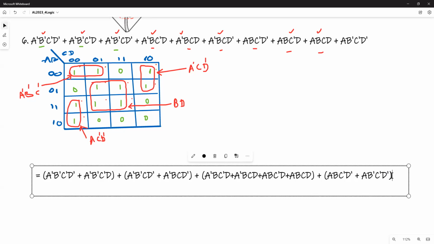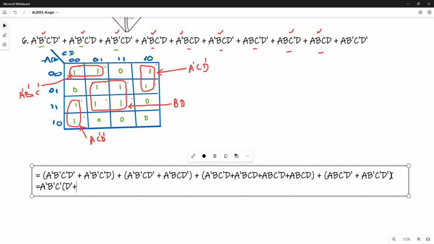Right. Now, having said that, now we have this, I can simplify quickly. So if I take the first two terms, what are the common ones? If I look at first two terms, I know A dash, B dash, C dash, all three common.